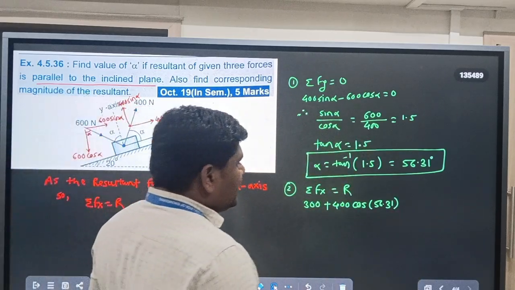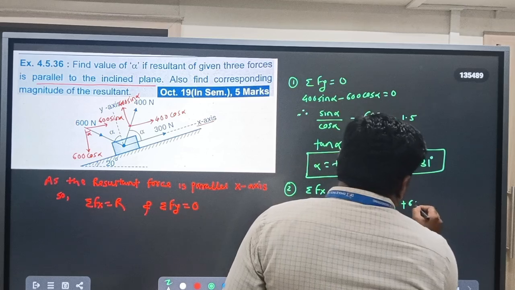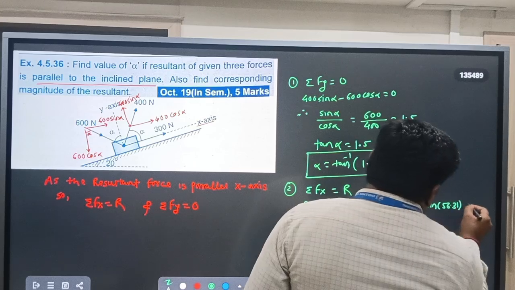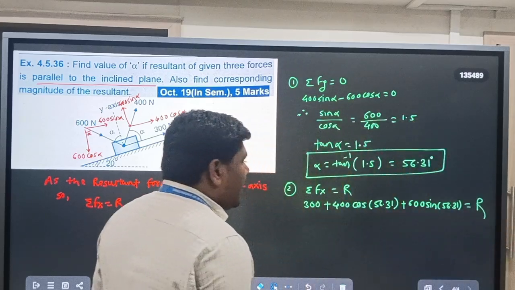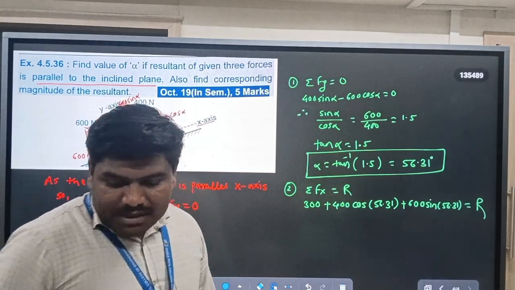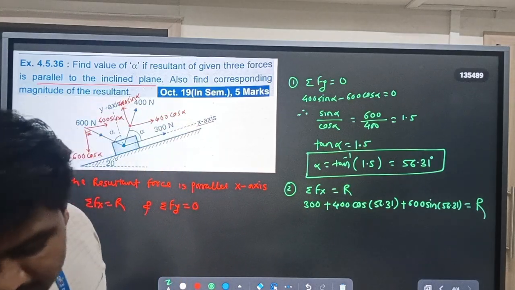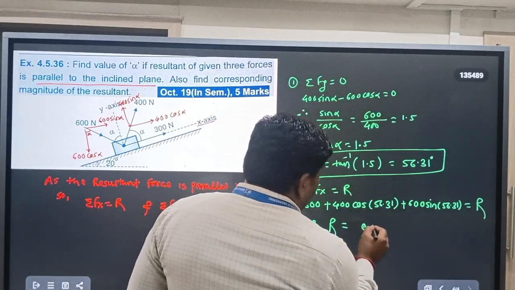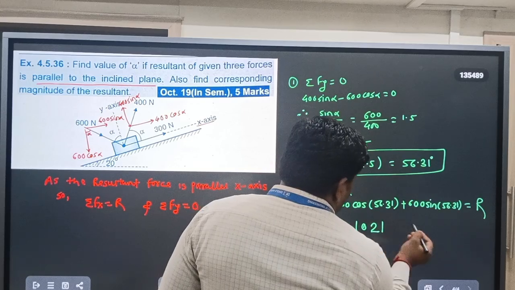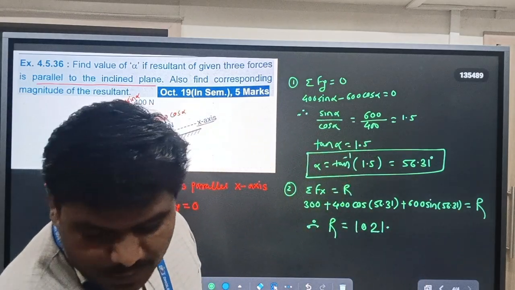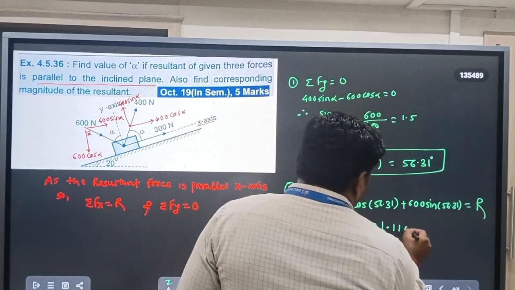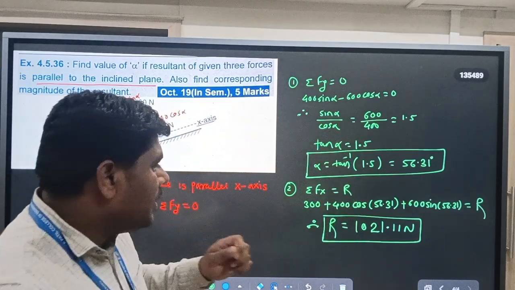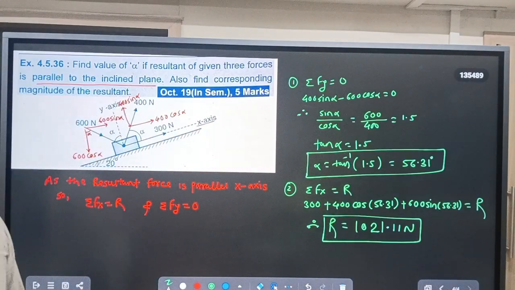Next, 600 sin alpha, that is also moving toward the right, so plus 600 sin 56.31 is equal to R. On calculation, we will get the value of R as 1021.11 Newton. So this is the magnitude of the resultant force.